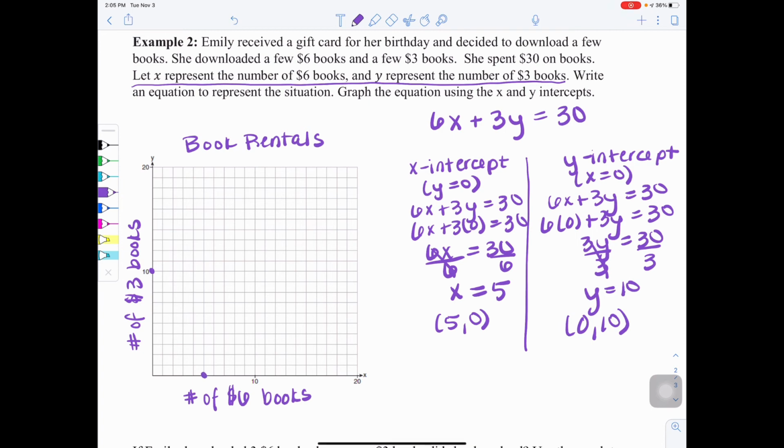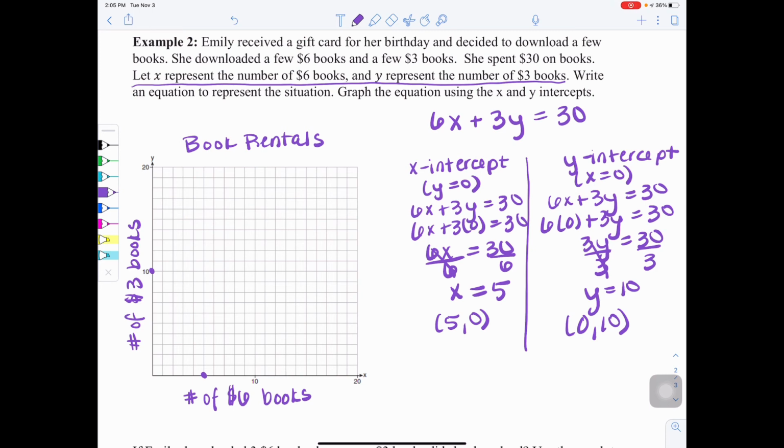Like so. Now, typically we would go ahead and create a line for this, but we have to think about whether it makes sense to connect these. If I connect them, that implies that I can buy 1.5 books, and we know that doesn't make any sense. So what you'd want to do is put your ruler down and only plot the points that actually fall on the grid marks.